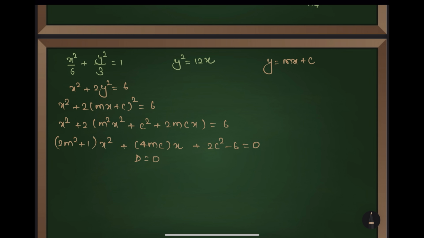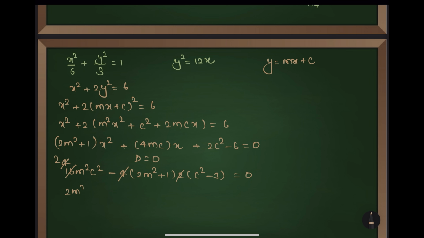So if D is 0, it is 16m square c square minus 4 times (2m square plus 1) times 2 times (c square minus 3) equals 0. I'll take 2 common, and divide both sides by 4 and by 2.